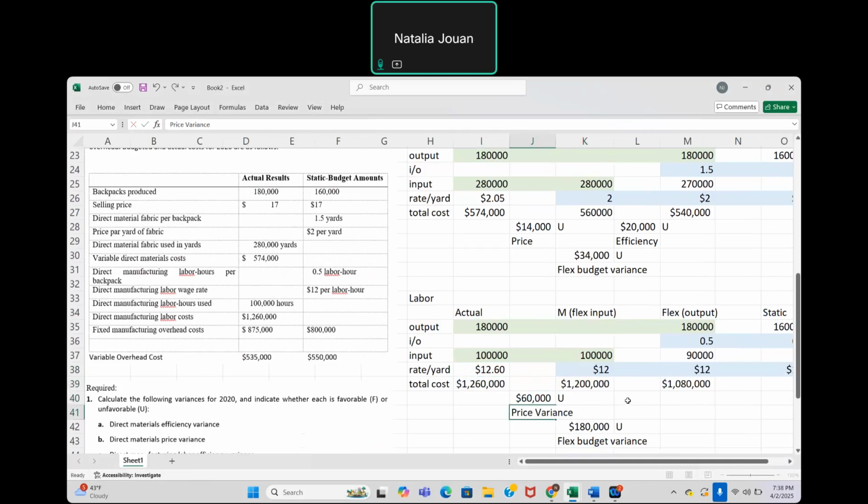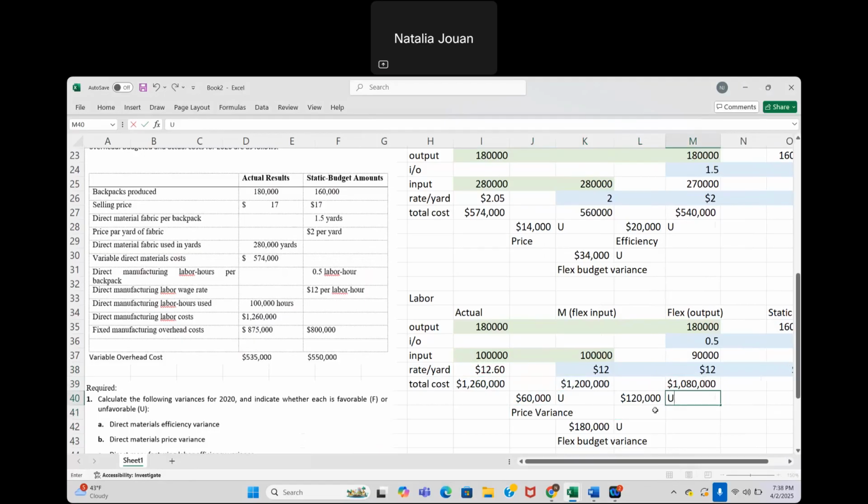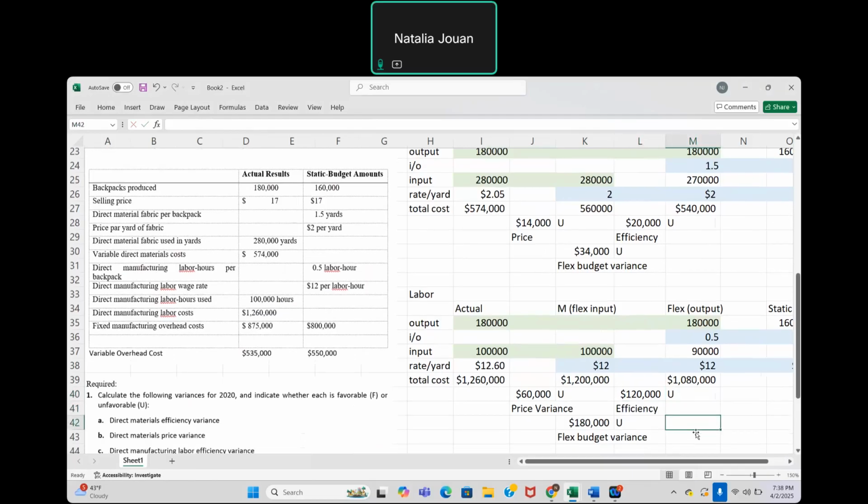Okay. And efficiency variance, we used 10,000 hours more than what we were supposed to use. So again, another unfavorable result. Okay. Unfavorable efficiency variance. Okay. All right.